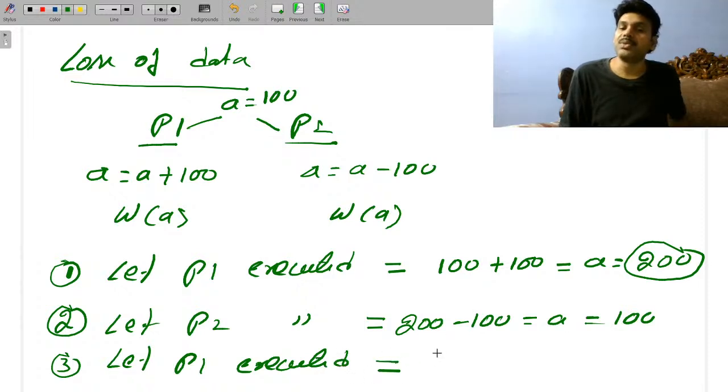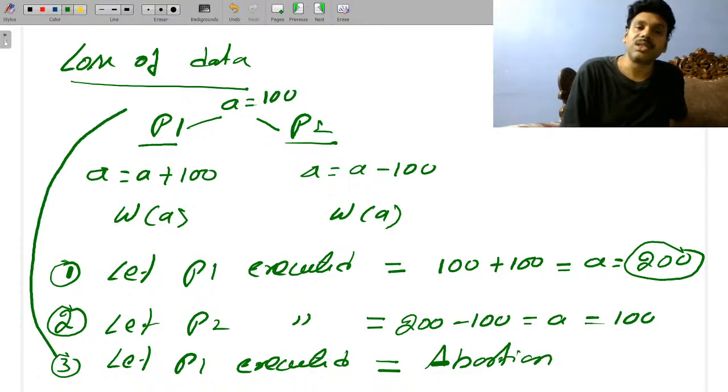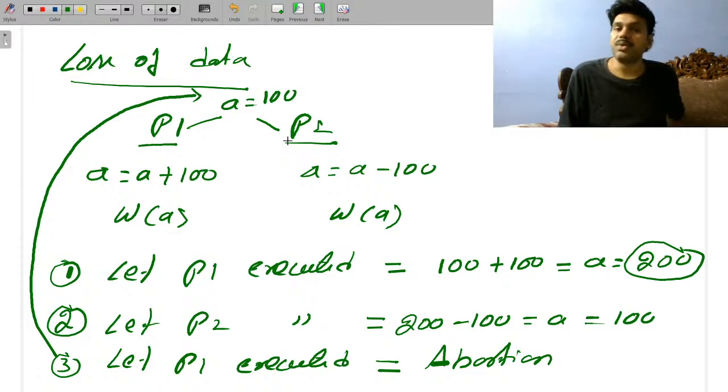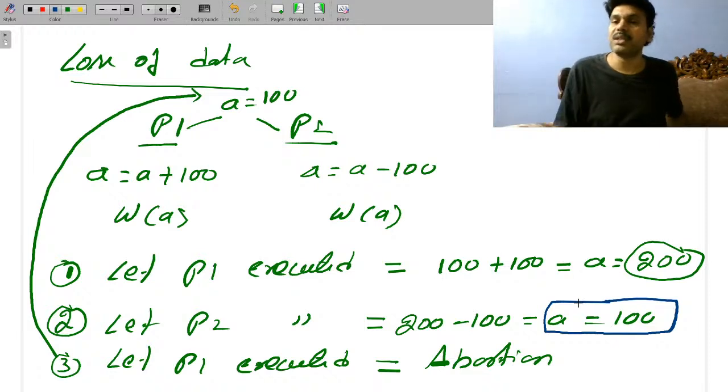Then after executing, he says he wants to abort. When you abort, what will happen? Your A value goes back to the starting value. Therefore, who is going to lose his data here? The P2 data is going to be lost in this case. You can take any kind of example like this. Whenever there is overlapping, there may be a chance of loss of data and inconsistency.